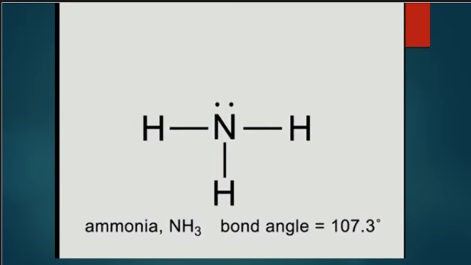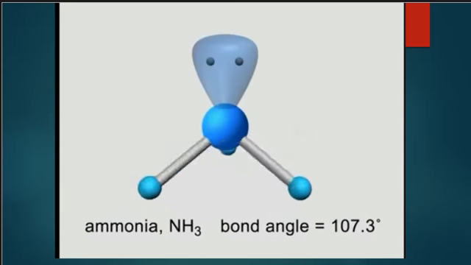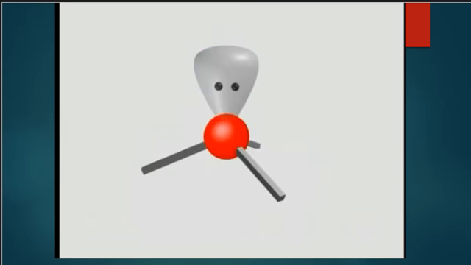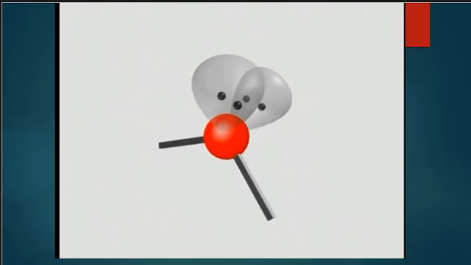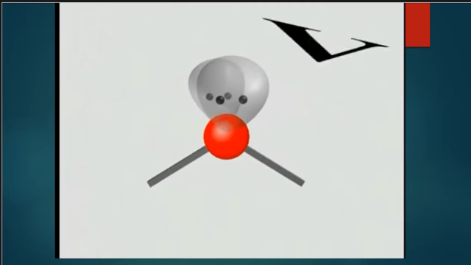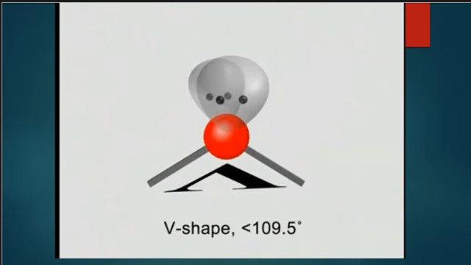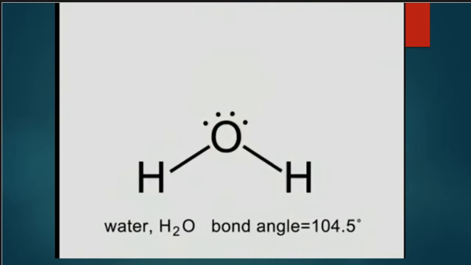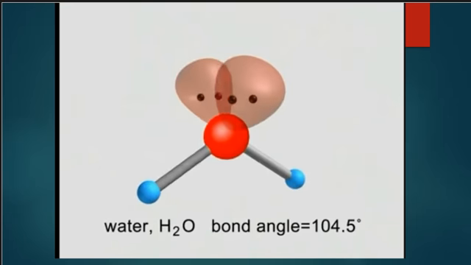Its bond angle is 107.3 degrees. When two of the four groups are lone pairs, the molecule has a bent or V shape. Two lone pairs exert greater repulsions than one, so the bond angle is reduced even further. Water, for example, has a bond angle of only 104.5 degrees.